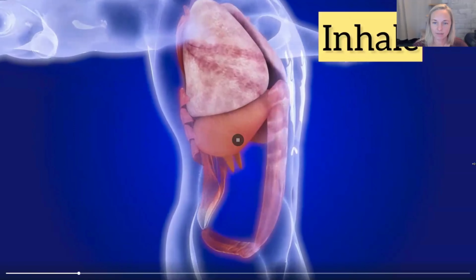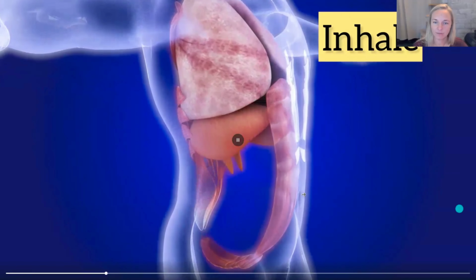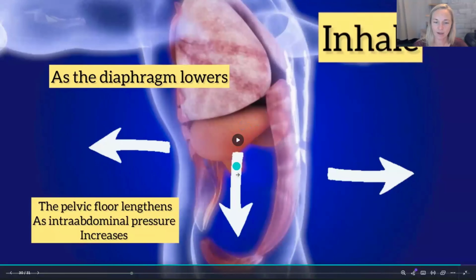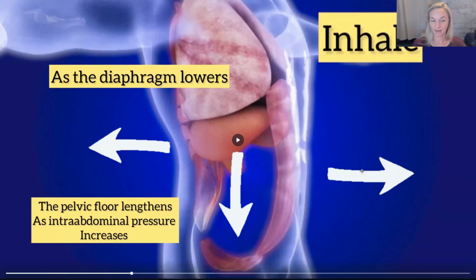You can see that as it's breathing, we're inhaling. On the inhale, the diaphragm is lowering down, the pelvic floor is lengthening, the abdominals are relaxing and pushing out, and the lumbar muscles, multifidi, are relaxing as well.